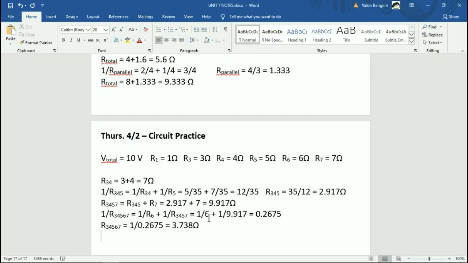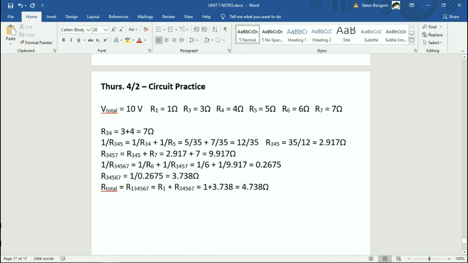So therefore, our total, which is R1,3,4,5,6,7, again, there's no 2 for some reason, is just going to be R1 plus R3,4,5,6,7. Oops, I clicked the 2 by accident. Again, apparently the number 2 doesn't exist. So then it's 1 plus 3.738. So my total resistance is 4.738 ohms. That is my total resistance.